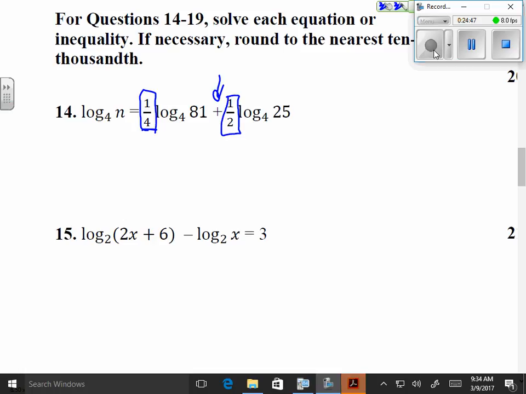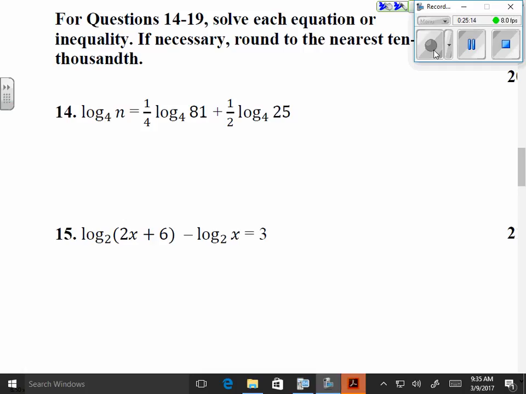Drop off the logs and let the somethings equal each other, and then we go back to algebra 1. Not yet. Only if it's just log of something equal to log of something. No double logs. You can't have two on the same side. It's got to be just one on the left and one on the right.